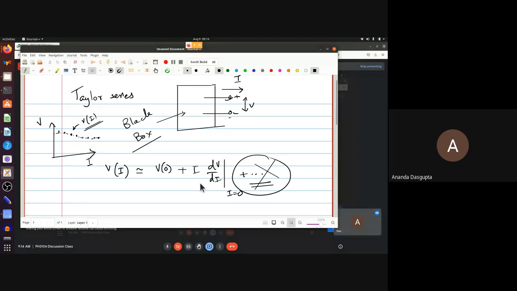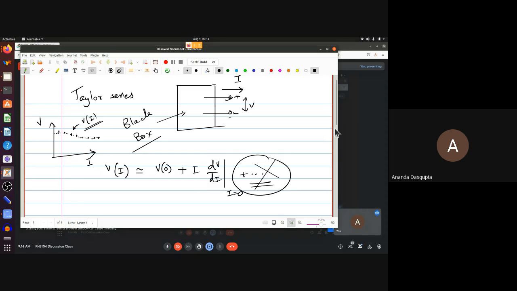So not on the current, but on the integral of the current. An inductor's EMF depends not on the current, but actually the rate at which the current changes. But all of these are linear operations. Okay? So if you were to double the current, the voltage would get doubled. If you were to replace I by I1 plus I2, it will become V1 plus V2.